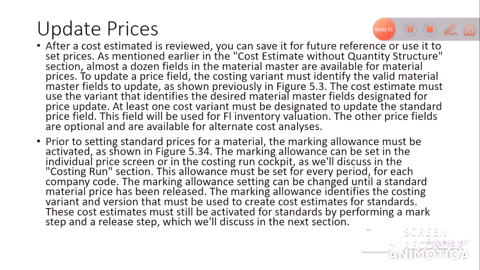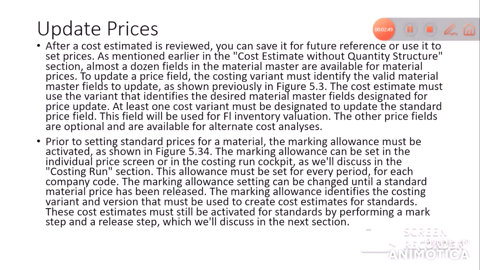Prior to setting standard prices for a material, the marking allowance must be activated as shown in the figure. The marking allowance can be set in the individual price screen or in the costing run cockpit. As we will discuss in the costing run section, this allowance must be set for every period for each company code. The marking allowance setting can be changed until a standard material price has been released.